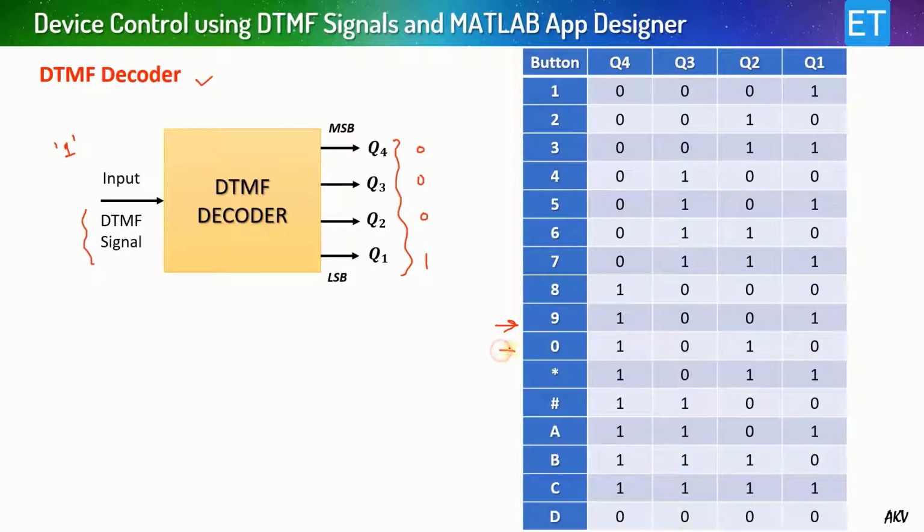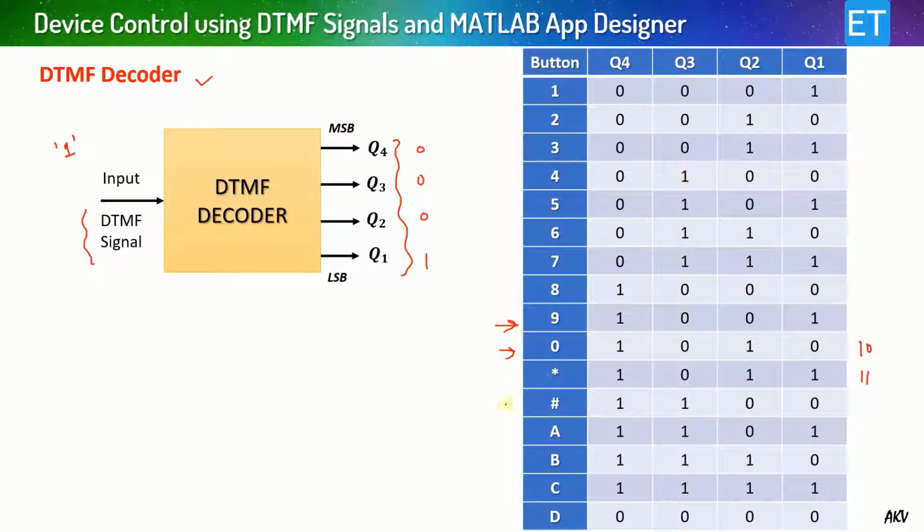But for 0, we are not getting 0, 0, 0, because every time when we do not press anything, we get 0. So it doesn't mean that somebody has pressed 0. To avoid this false condition, the binary code of decimal 10 is assigned to 0, and to the key star on the phone's pad, decimal 11 is assigned.